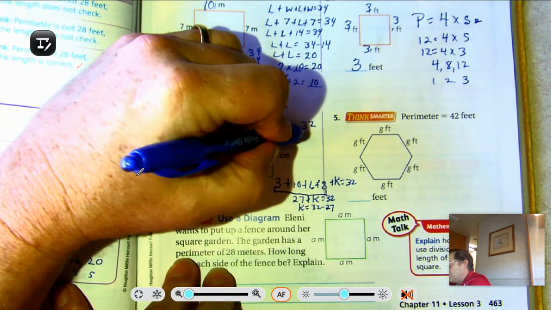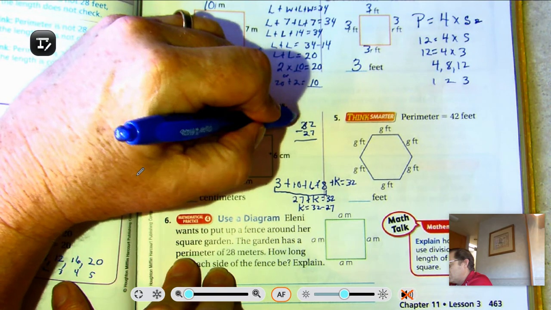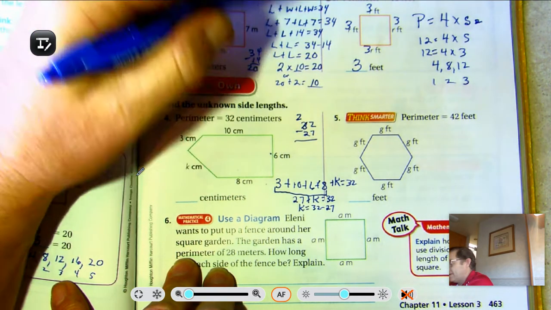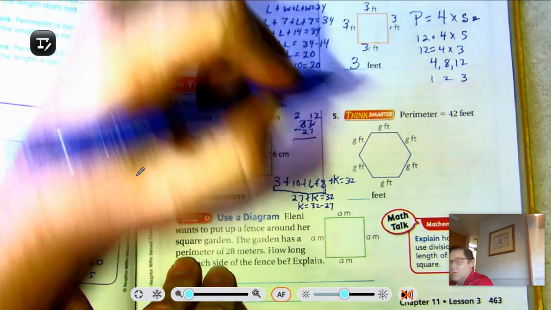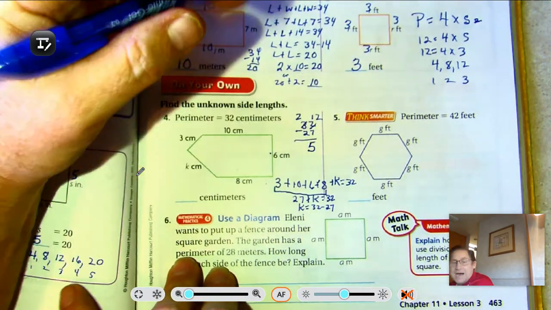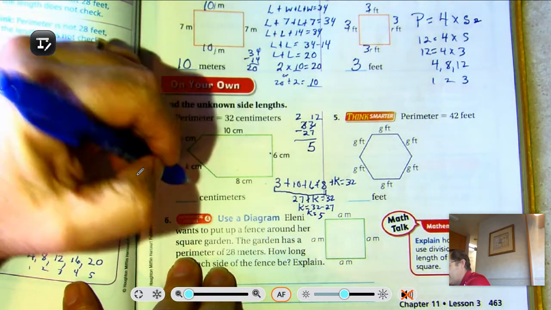What is 32 take away 27? I can't take 7 from 2, so I'll regroup from the 3 tens. I'm going to take 10 ones and give it to the 2 ones. So 12 take away 7 is 5. All right, so the unknown side is 5 centimeters.